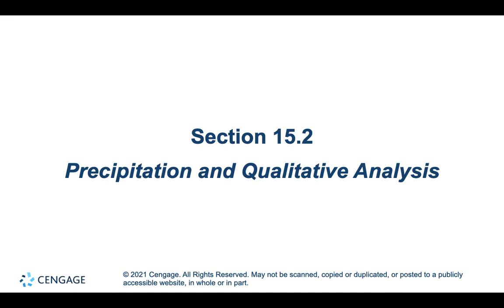That would be a qualitative analysis scheme that you might do to analyze a particular solution for the presence of certain metal ions, for instance. So 15.2 is going to talk about forming precipitates and then maybe using those precipitates to analyze a mixture of ions, qualitative analysis.